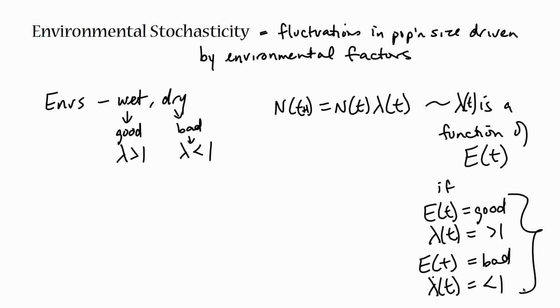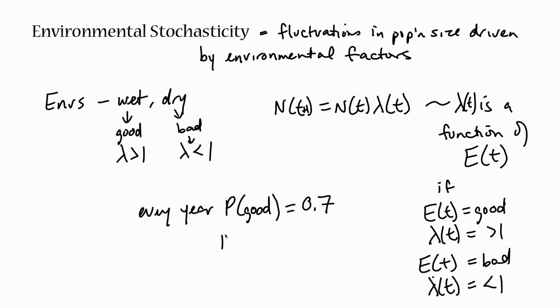So this defines the stochasticity of my model, and we might say that wet years are Poisson distributed. So there's some given probability, right? Every year we define P good year as 0.7 and P bad would then be 0.3.